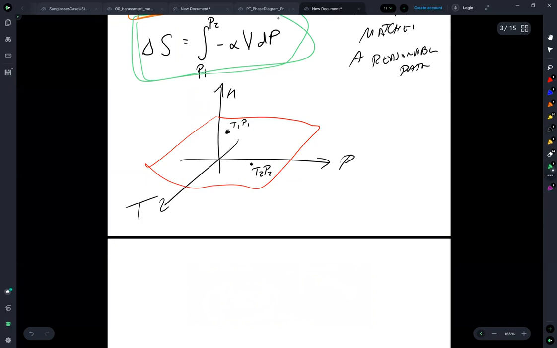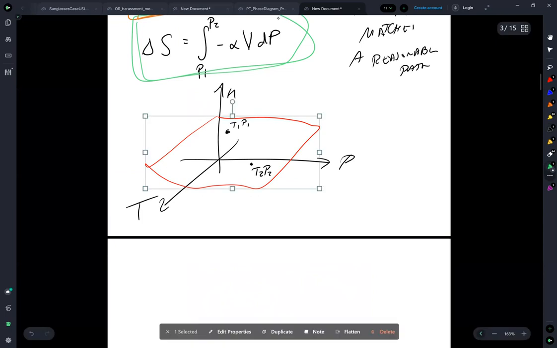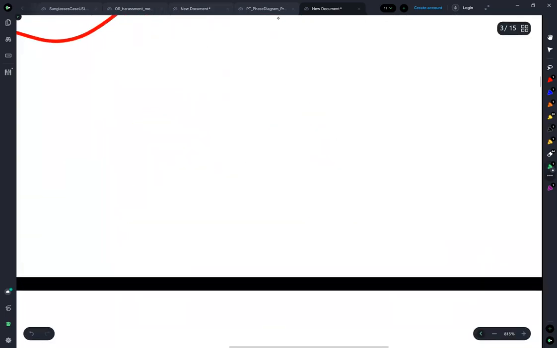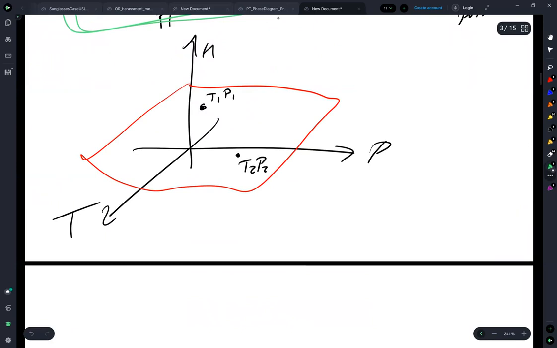I could change the temperature, or I could change the pressure. Change the pressure and then change the temperature, or change the temperature and then change the pressure. Or I could pick some other completely random path, and it doesn't matter. The output has to be path independent.